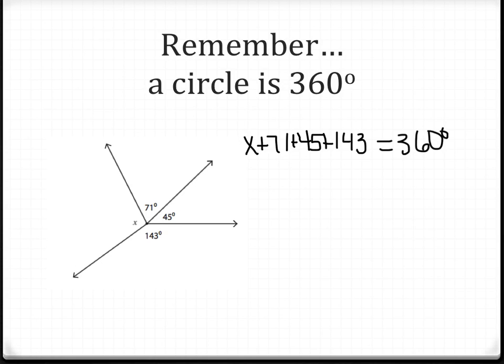In fact, you could write the equation so that the numbers were in any order. As long as x, 71, 45, and 143 are your add-ins, and 360 is your answer, your equation is correct.